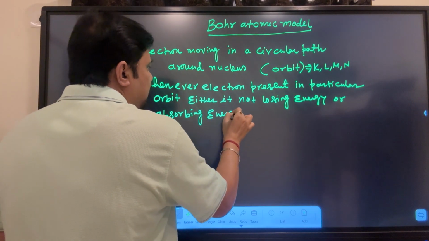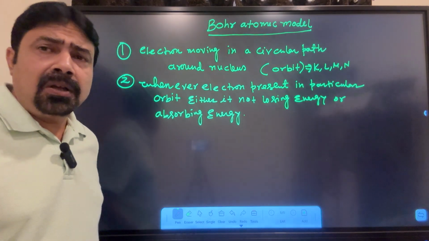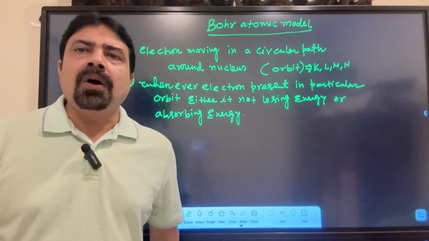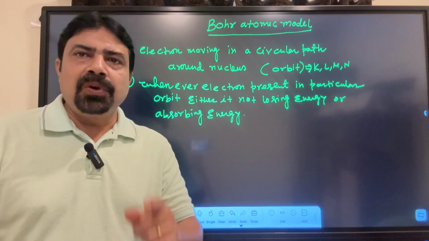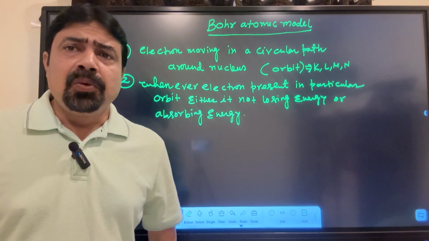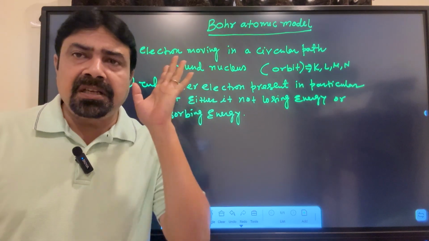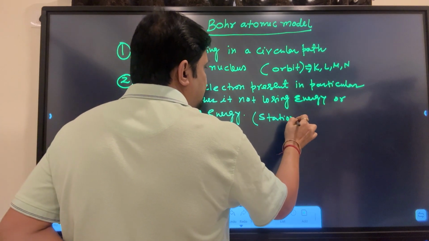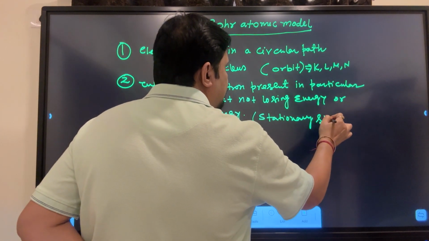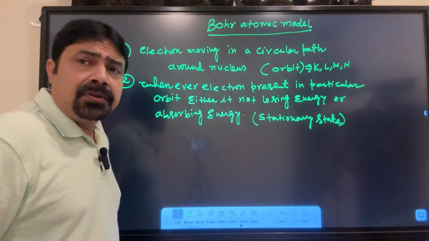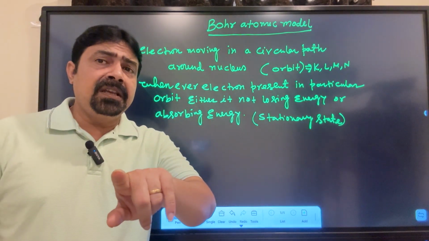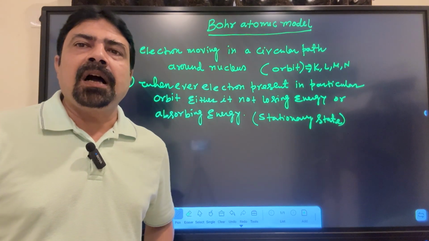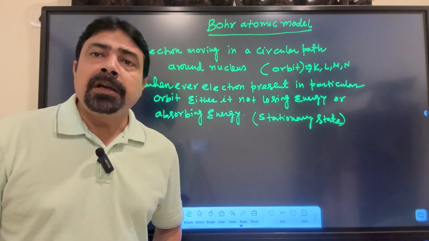So from this point we can say that when the electron is in a particular orbit, its energy is fixed or constant. We call it a stationary state. That means whenever the electron is in a particular orbit, it is in a stationary state: it is not losing its energy and not absorbing its energy. In this way, he overcame the demerits of the Rutherford atomic model.